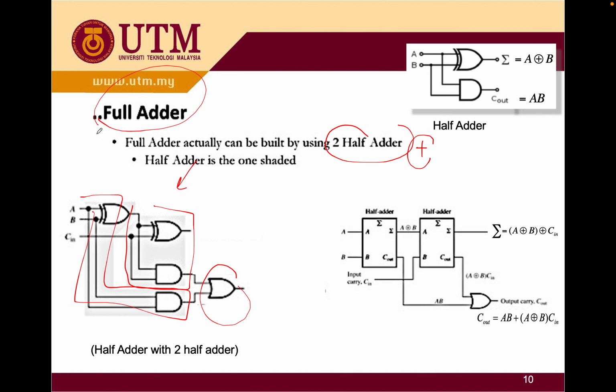And how are you going to connect the half adders to be your full adder? It's going to look like this. You have a half adder, you have a half adder, and then you combine them using your OR gate there. Then you will get your carry out, and the output from your half adder, you're going to get the sum.